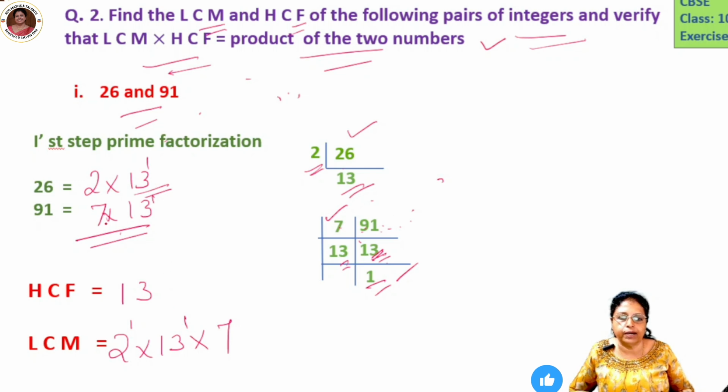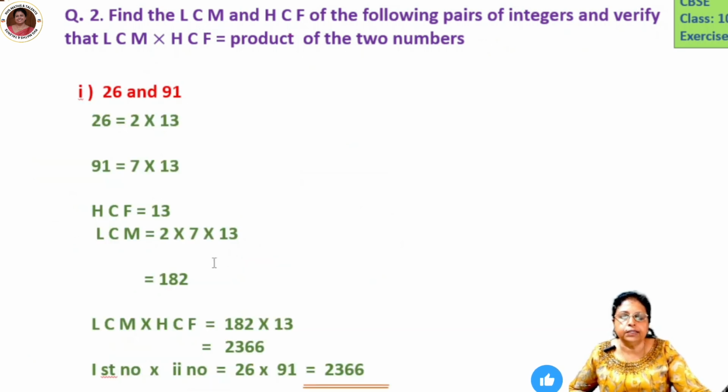So 13 raised to 1, and 7 raised to 1 here. So 2 times 13 times 7. 2 13s are 26. 26 times 7 is 182. So we got HCF is 13 and the LCM as 182.